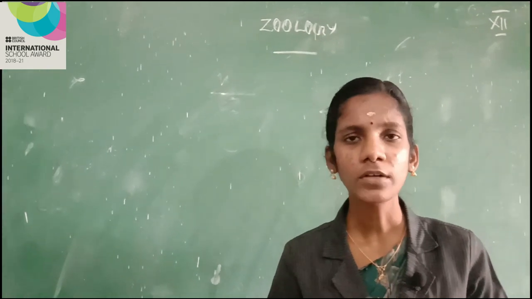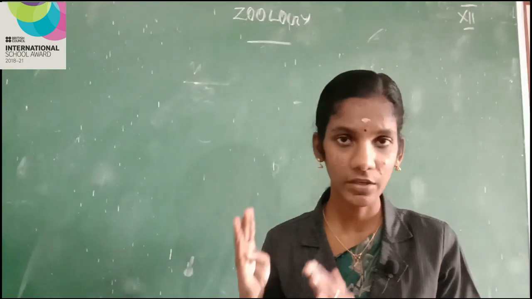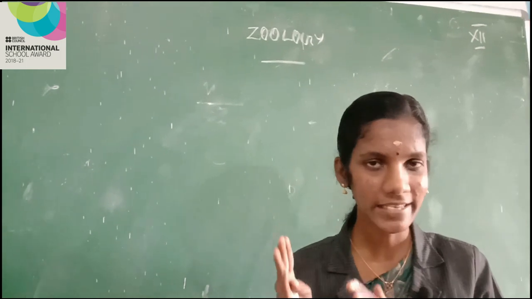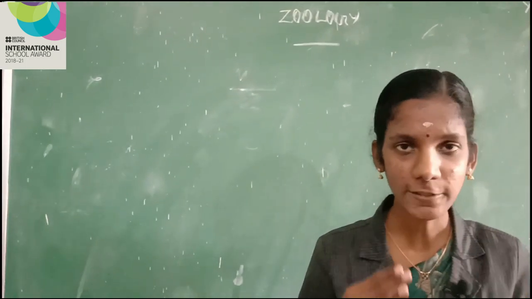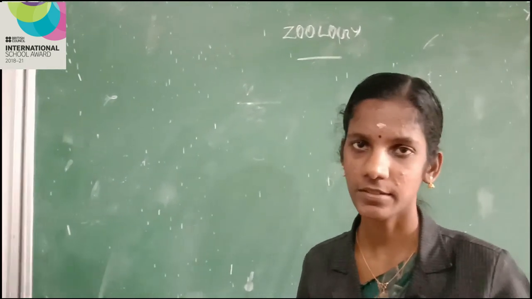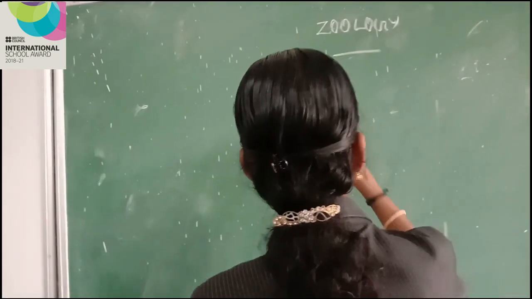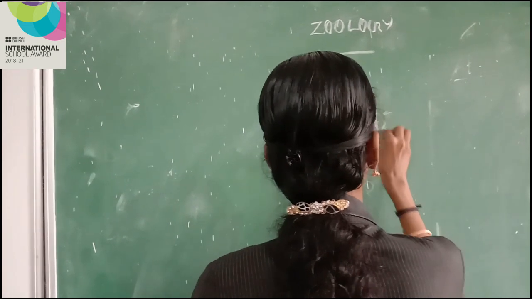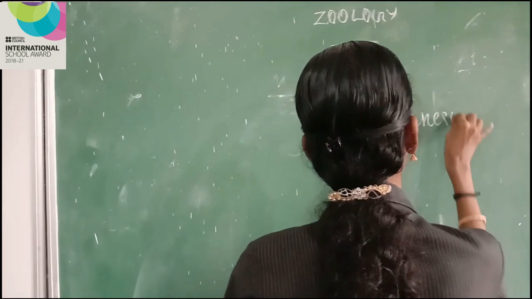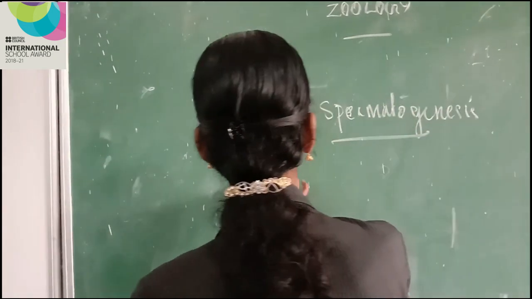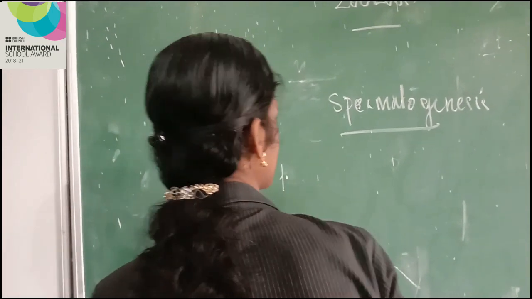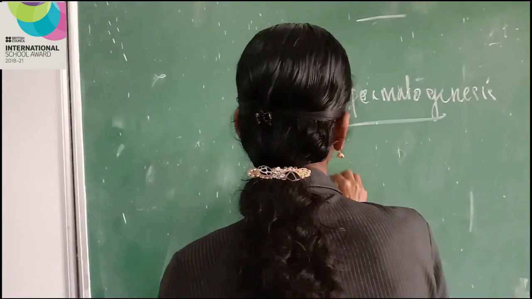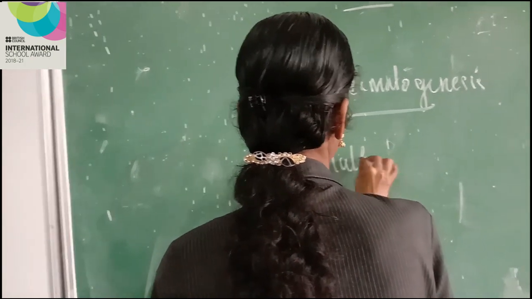Spermatogenesis involves a complicated sequence of events. This complicated sequence of events can be explained under 4 main phases. I'll write it on the board. Spermatogenesis involves 4 main phases. The first phase is multiplication phase.